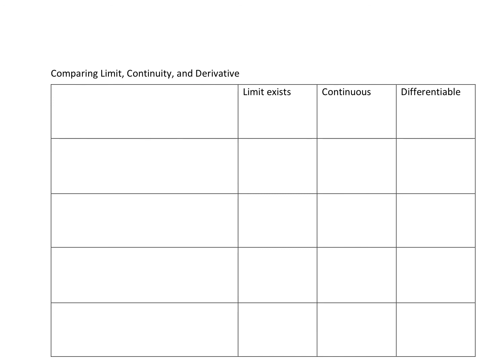For the jump, there's something like this, and something like this, right? Limit exists? Nope. Is it continuous? Nope. Is it differentiable? Nope. So if the graph is substantially broken like this, there is a jump, then the limit doesn't exist at this point.